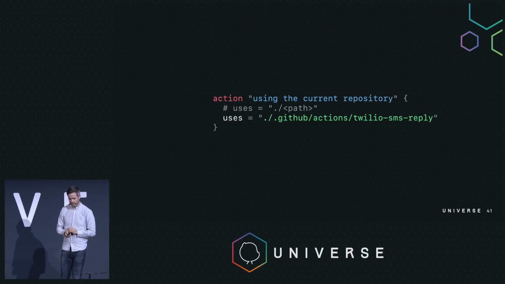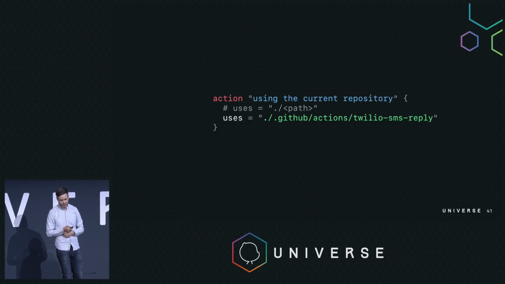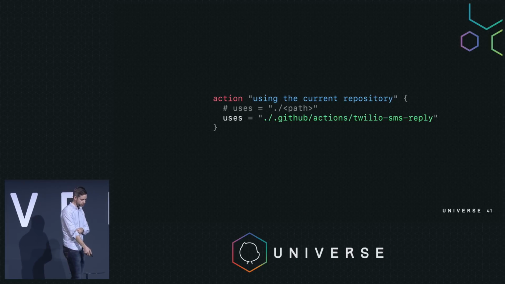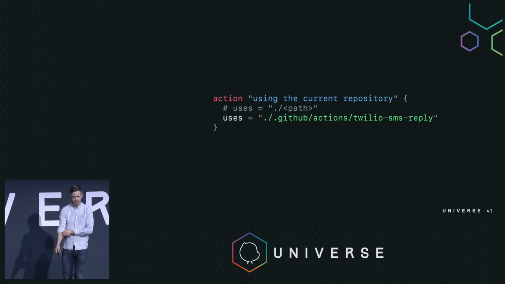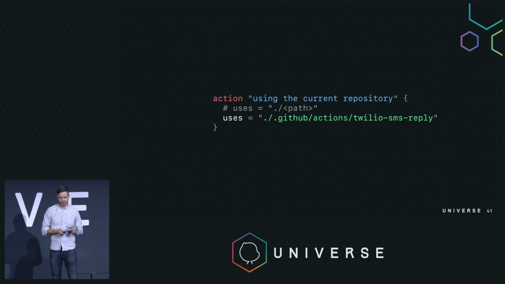The last form is kind of similar. It'll basically just look in the current repository, and if there's a Dockerfile, it'll build that. So this is where we are thinking that there are some actions which don't necessarily make sense to publish publicly. These are one-offs, things that only relate to this particular repository and don't really have a broader purpose other than that.